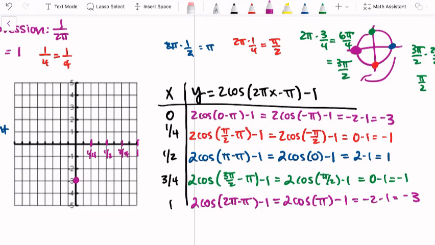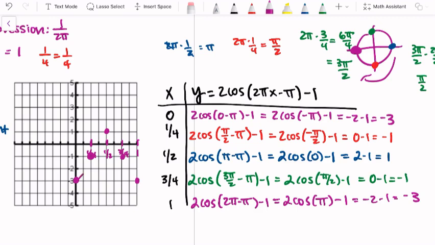When x is 1/4, we're at negative 1, so I have a point here. When x is 1/2, we are at positive 1. We're here. When x is 3/4, we're at negative 1. And when x is 1, we're at negative 3. All right, so this is the cosine graph. I know it kind of looks like an absolute value here, but we do have a little bit of a concavity change.